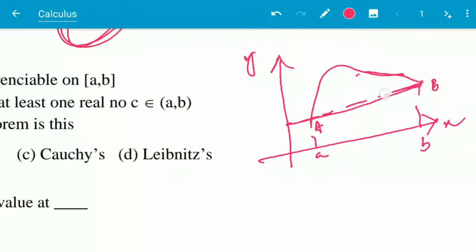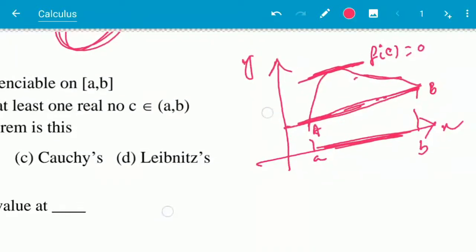So there exists at least one point, suppose this one, where the tangent will be parallel to the x axis, so f dash of c is equal to 0, parallel to x axis.